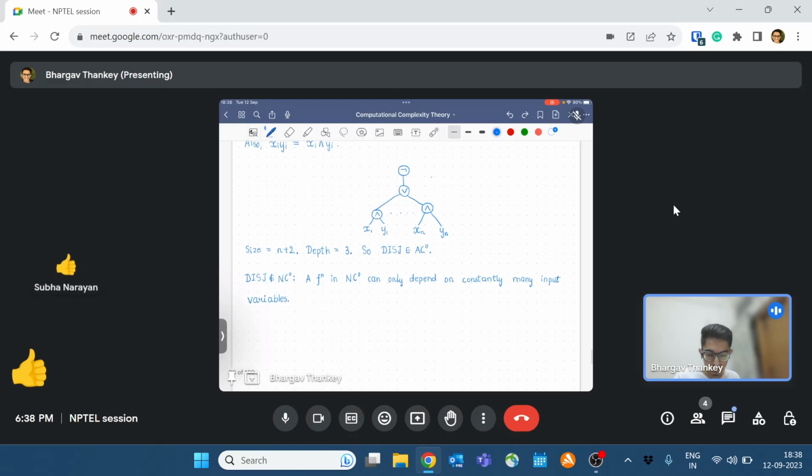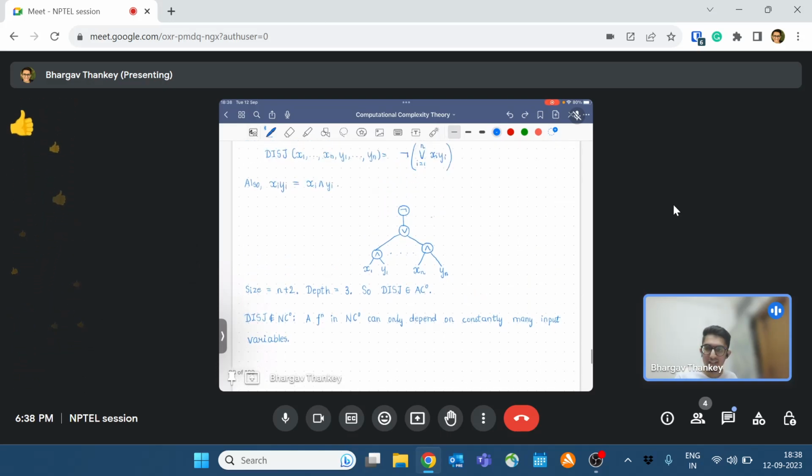Okay, yeah. So if this is fine, then to show that disjoint is not in NC0, all I need to do is to show that it depends on more than constantly many variables, right?